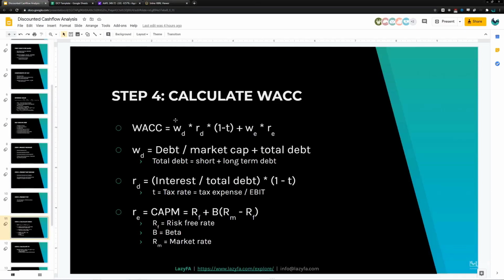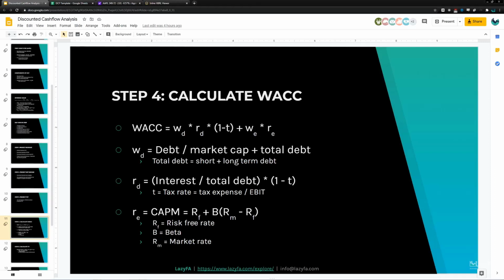Okay. Now, in order to get the last piece, the cost of equity, we're going to use something called CAPM, which is the capital asset pricing model. And this uses 3 different components. It uses the risk-free rate, which is the interest rate that you would expect to earn on something that has no risk. And that would be like a savings account, or like a 10-year or 30-year treasury bond, something with very, very little risk.